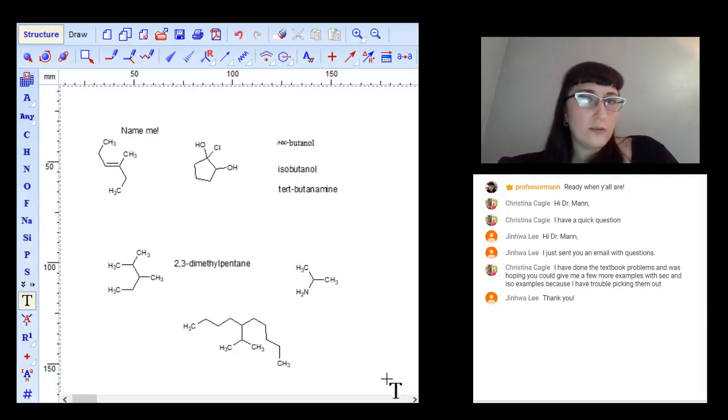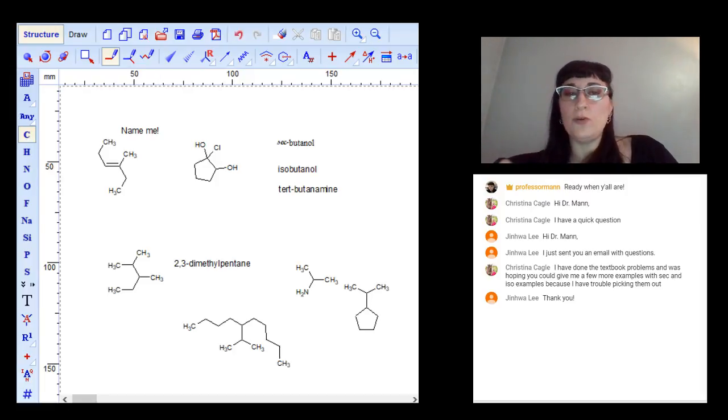Another way you'll see them is attached to rings. I think it makes naming rings that have a complicated carbon chain on them easier.